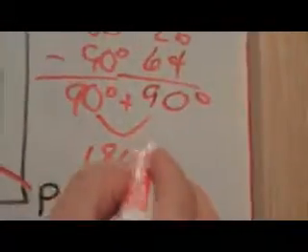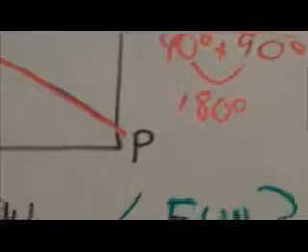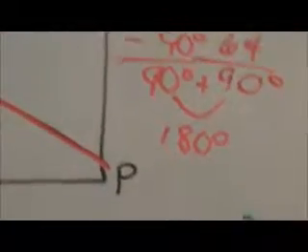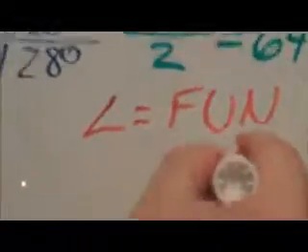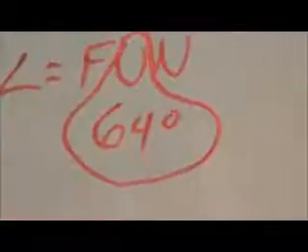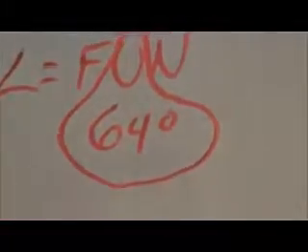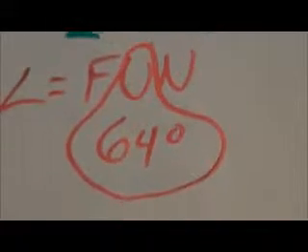If I add up all, my triangle should have 180 degrees. So my answer to this unknown, the actual answer to angle FUN, angle FUN is equal to 64 degrees because of my vertex being in the middle. The U in the middle is 64 degrees.